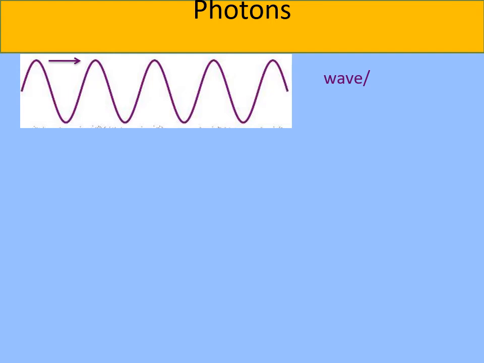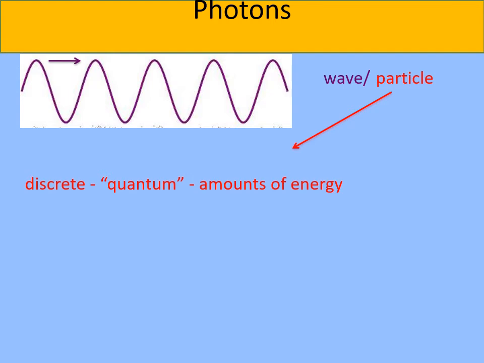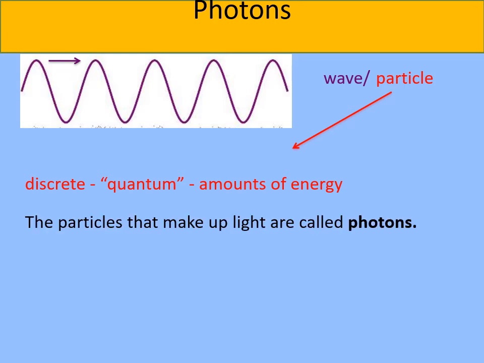We call this amount of energy discrete amounts of energy. There's a certain chunk of energy that light can deposit, okay, no less than that. So this is why we call it quantum mechanics or quantum physics, because quantum means a discrete jump.